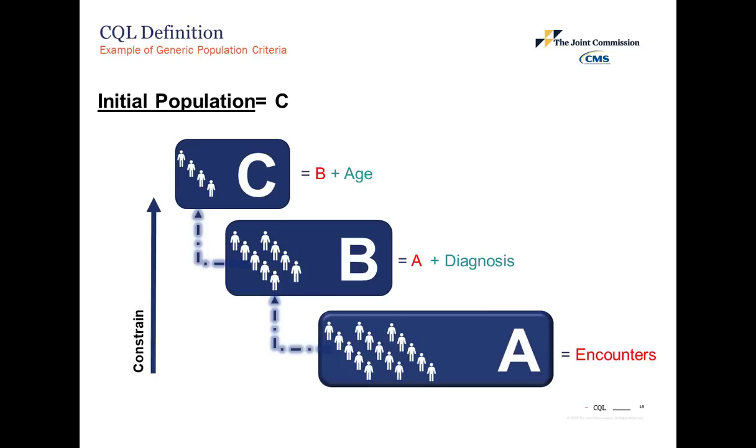So to give you a better understanding of the CQL structure and a CQL definition, this diagram depicts a visual representation of a very simple construct for the initial population. So if you imagine with me for a moment that you have a set of Legos, and if you've never played with them before, you're given a book of directions which instruct you on how to connect several blocks together in order to build some sort of structure.